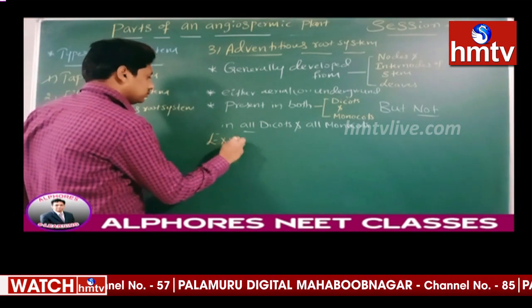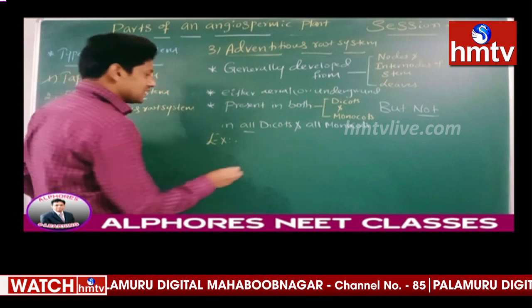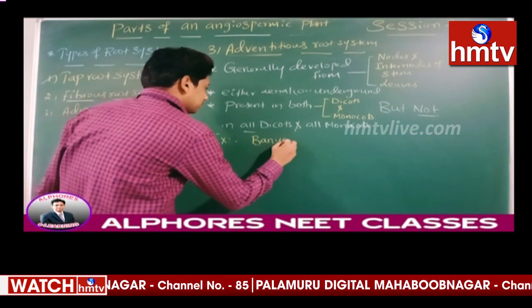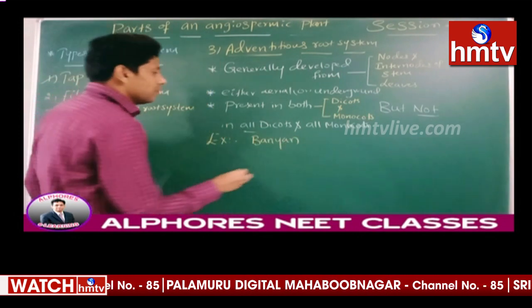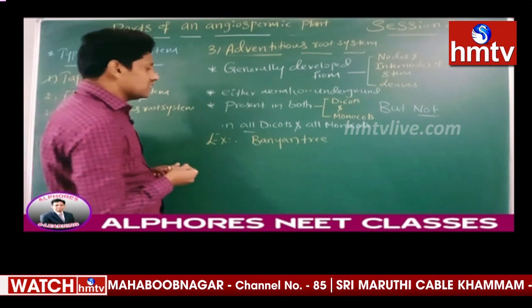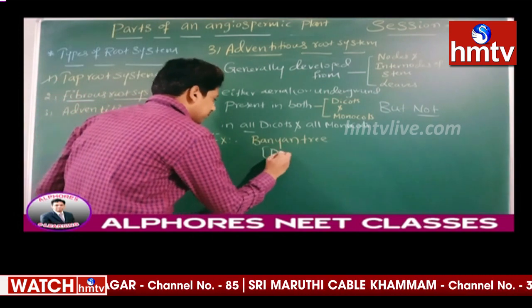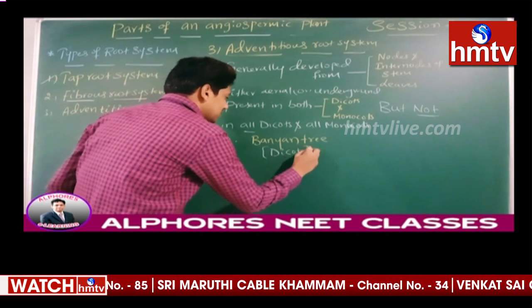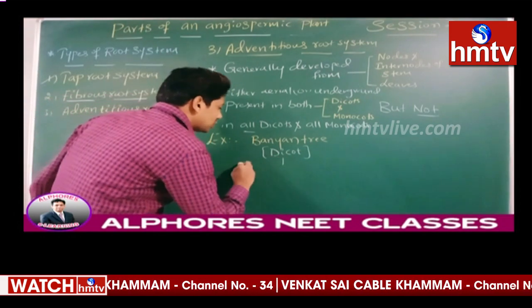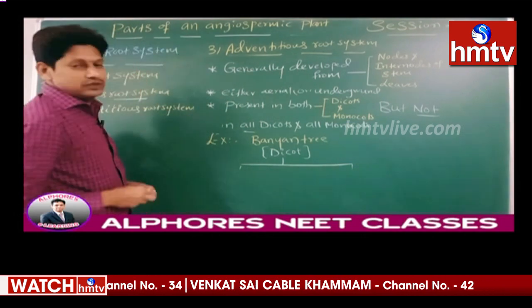Examples. Right. The first one is the banyan tree. This banyan tree is a dicot. Dicot means it should contain which roots? Tap roots. Yes or no?